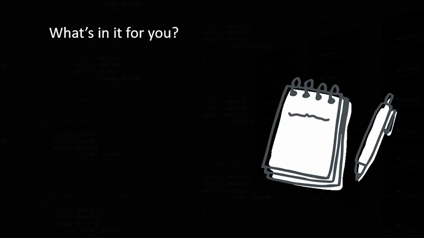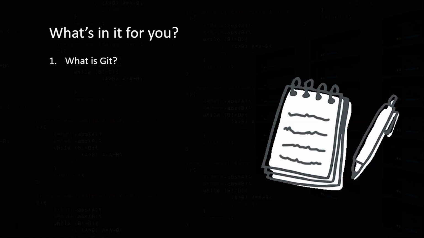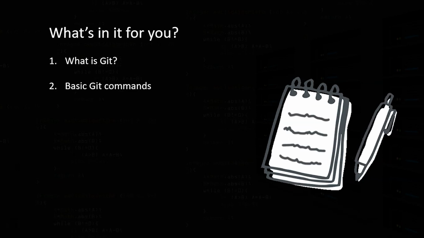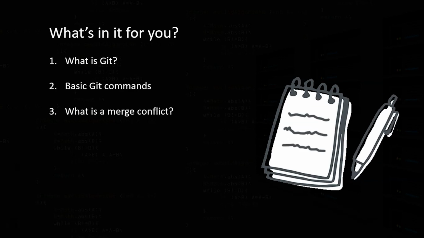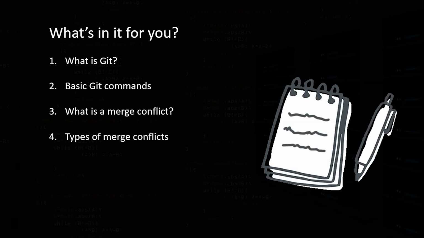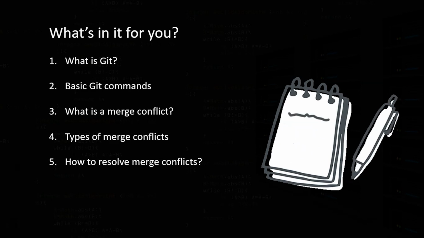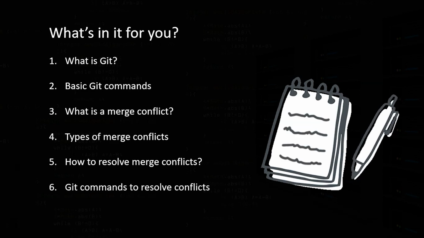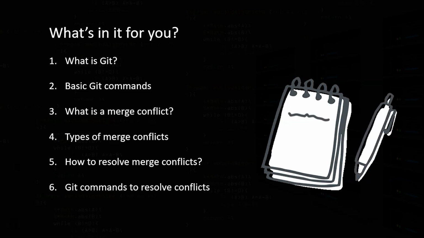Now what exactly are we going to talk about here? We are going to talk about what the Git version control system is, and the basic Git commands used in Git. Then we will talk about what a merge conflict is all about, the different types of merge conflicts we encounter while merging or modifying, and how to resolve these merge conflicts faced by an individual developer. Then the various Git commands involved in resolving these conflicts.